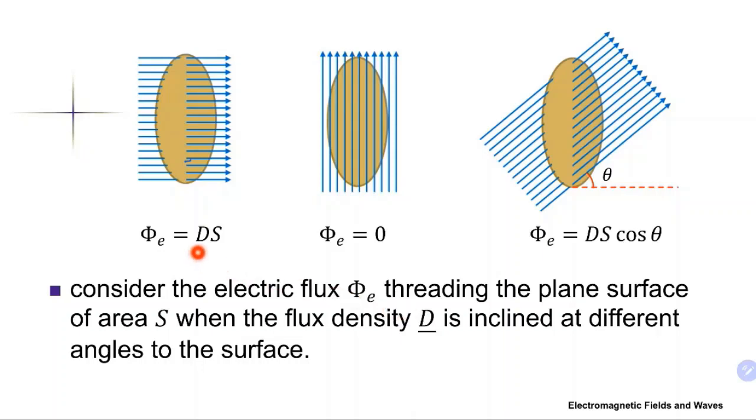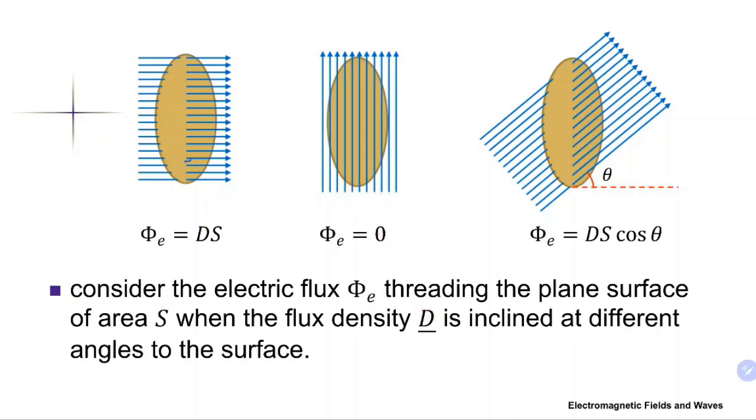So it's my D times the surface area. D is the density, how many lines going through this area. So the electric flux will be this area times my electric flux density. Electric flux density is how many lines going through a particular surface, so the electric flux has to be the flux density times the surface area.